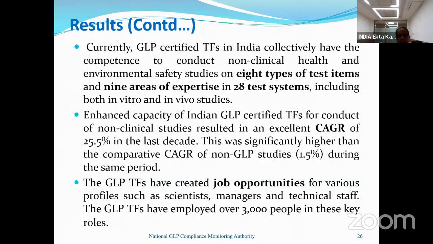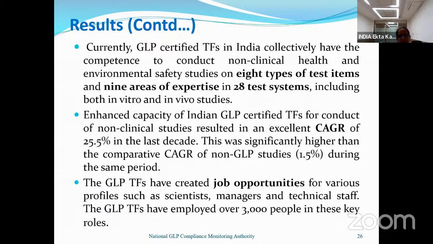Currently, the GLP certified test facilities in India collectively have the competence to conduct non-clinical health and environmental safety studies on 8 types of test items and 9 areas of expertise in 20 types of test systems, including both in vitro and in vivo studies.